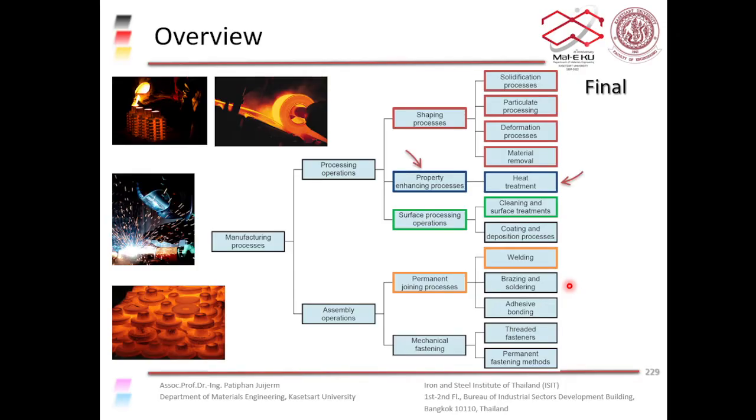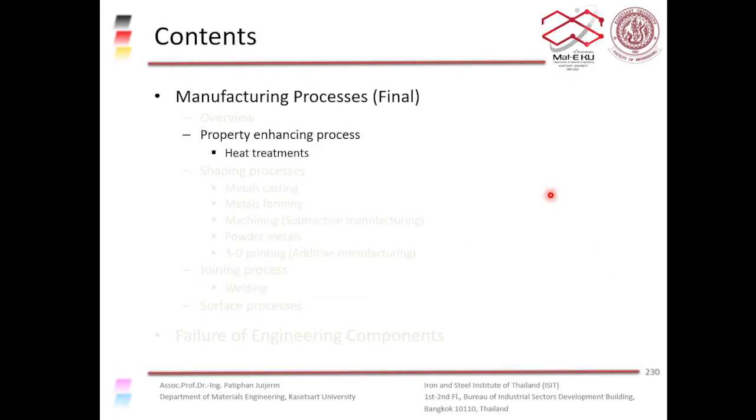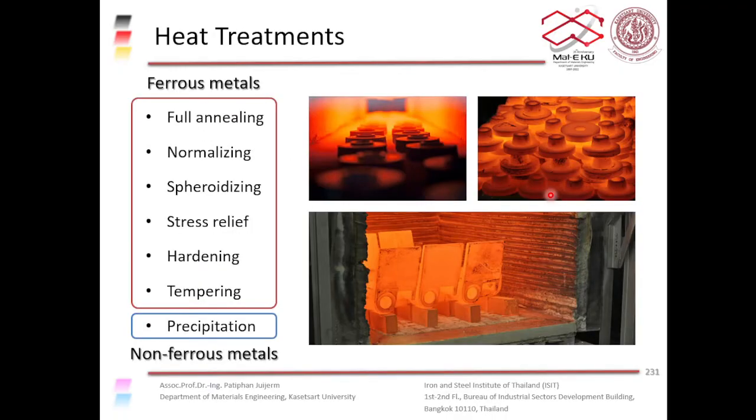Okay, so for today's course, we're going to look at heat treatments. Heat treatments are a bunch of processes that we can use to produce better properties of our material, right? And if you can recall, metals are divided into two groups. You have ferrous metals and non-ferrous metals, right?